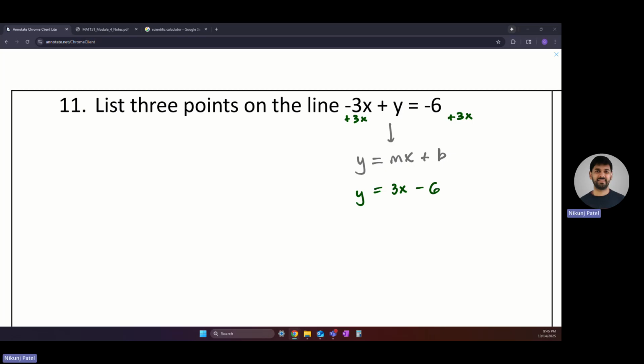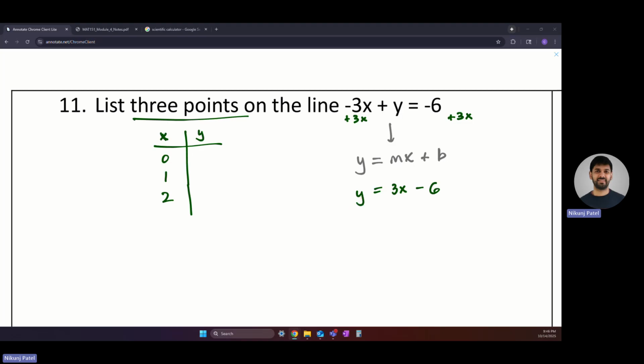Now we can take 3 points on the line, and it could be any x values, and we want to figure out what their y values are. Usually we could start at 0, for example, like 0, 1, and 2. If we start at 0, we'd put a 0 here and determine the y value.